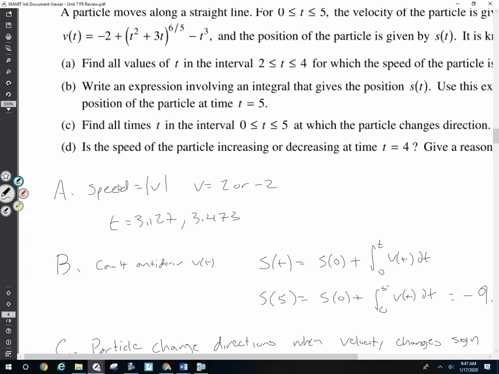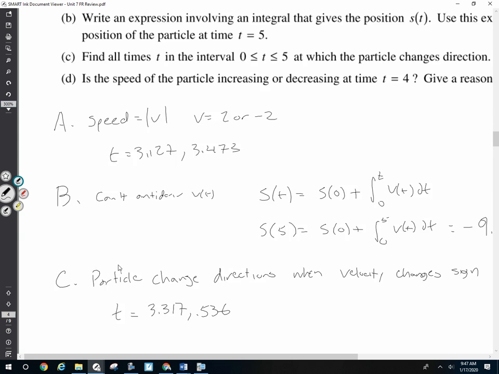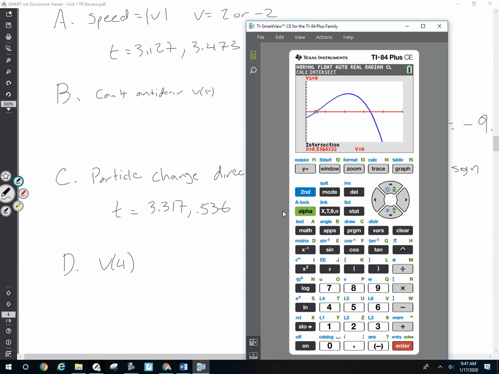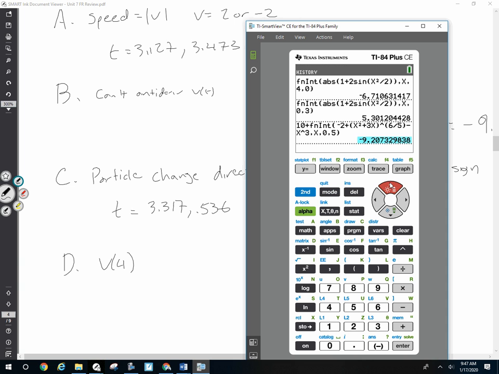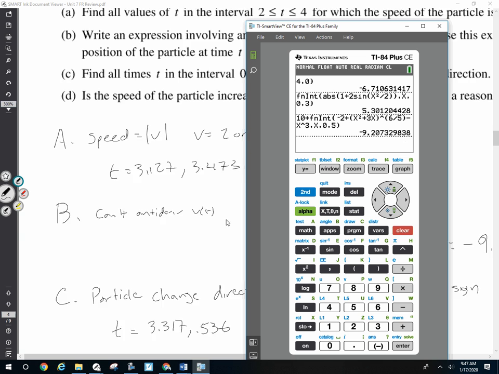Okay. D: is the speed of the particle increasing or decreasing at t equals 4? Okay, so we've got to look at the signs of velocity and acceleration. V of 4.